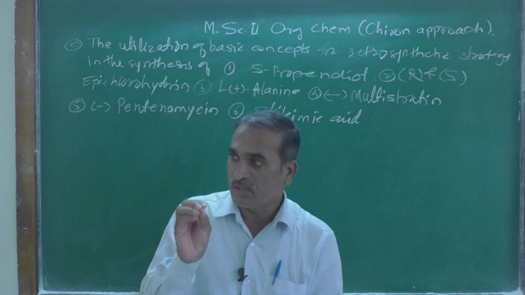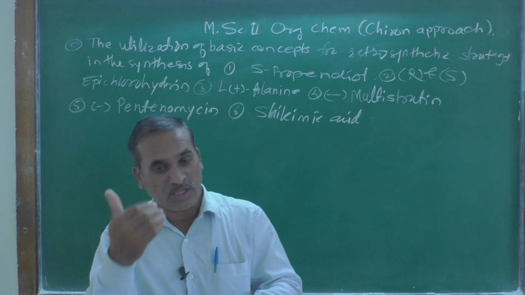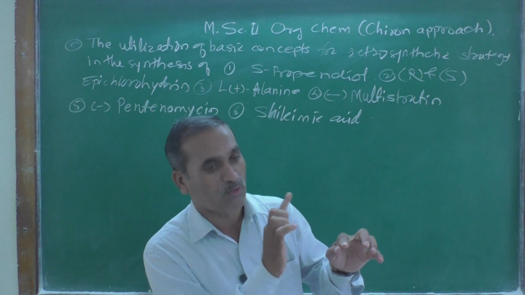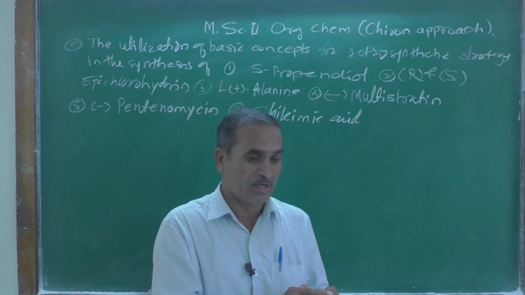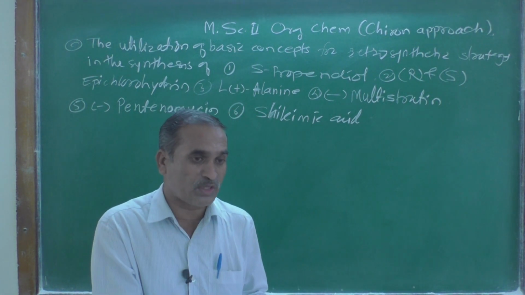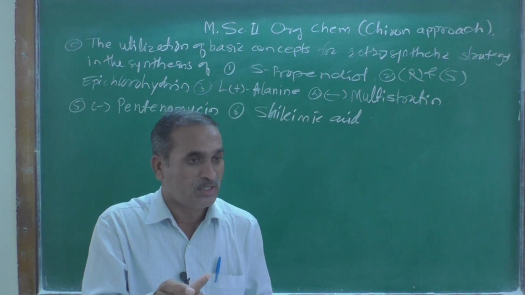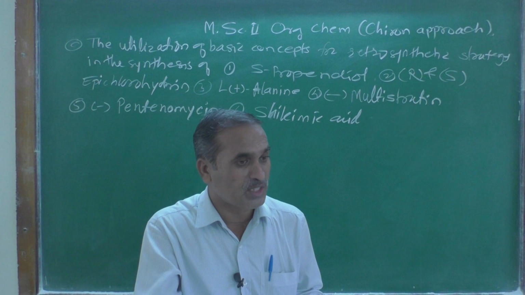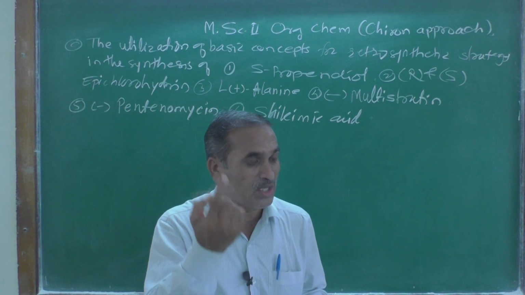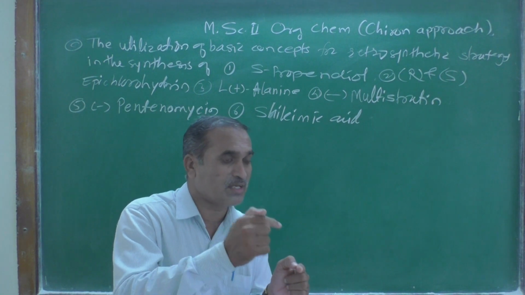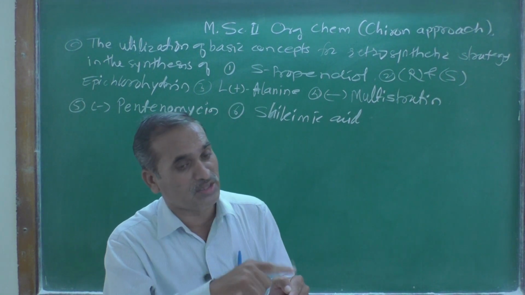We are keeping the reaction in mind while disconnecting the bond. Before that, you must have the name, a systematic name reaction, to form that new carbon-carbon bond. Then and only then do you disconnect that way.